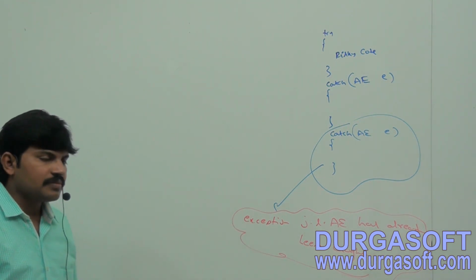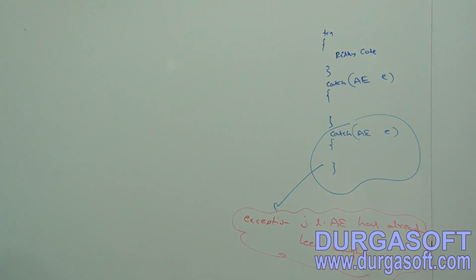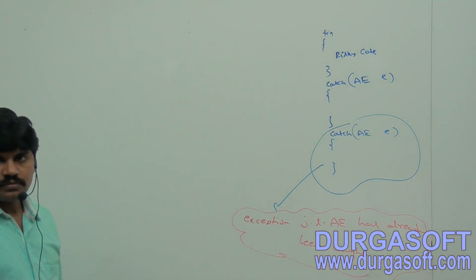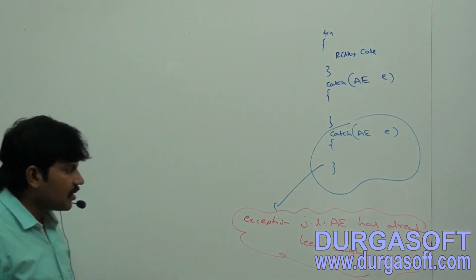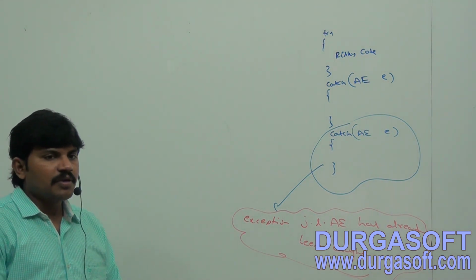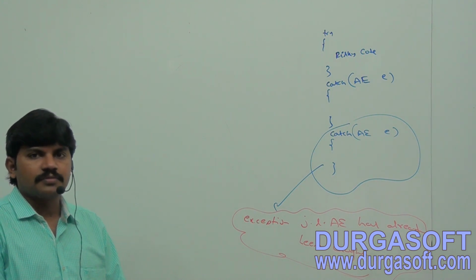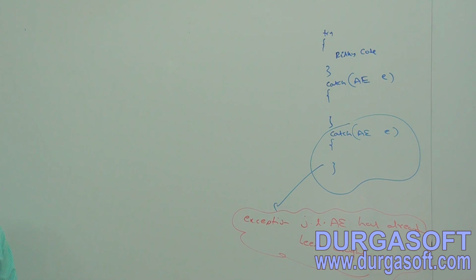Next, "Exception java.lang.ArithmeticException has already been caught" is the compile time error we are going to get.